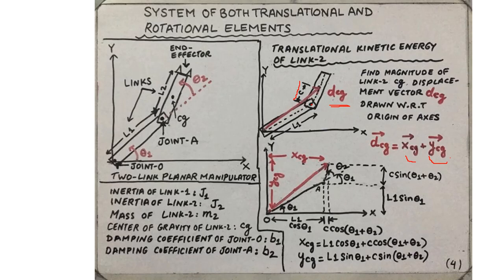So let us calculate the x component of this position vector. Project dCg onto the x-axis of the system.